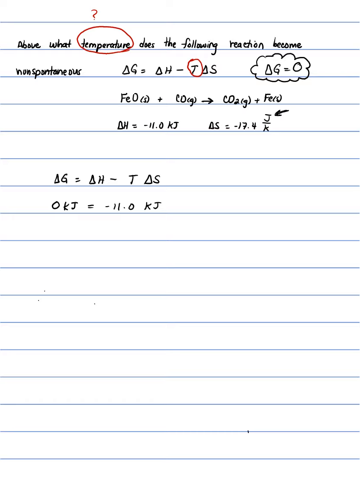To convert joules to kilojoules, you have to divide by 1,000. So that's just the conversion from joules to kilojoules, so you can plug in the number in the equation.